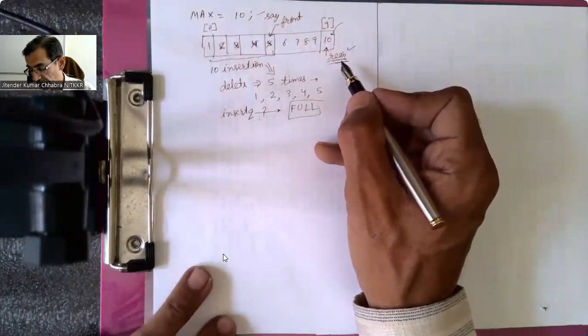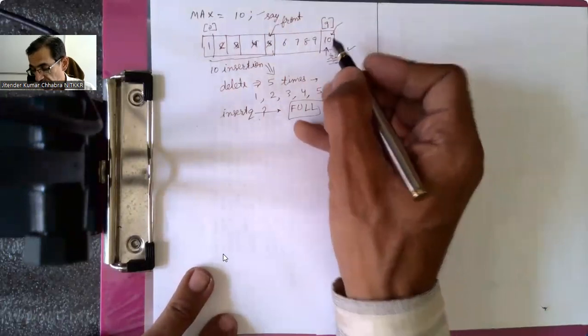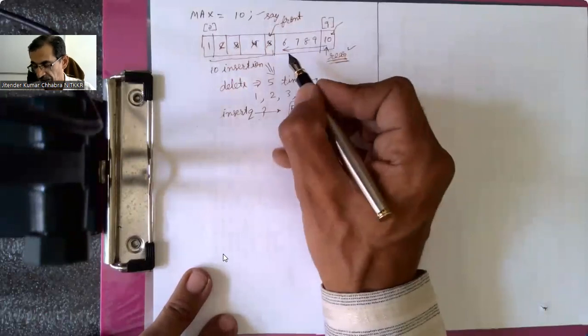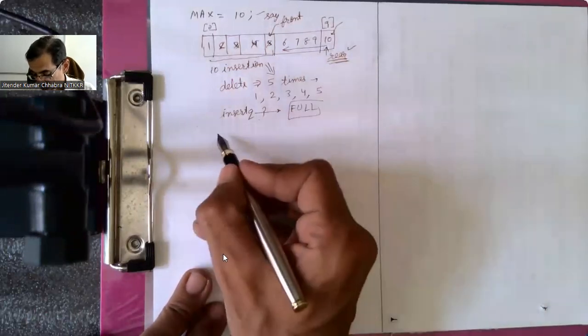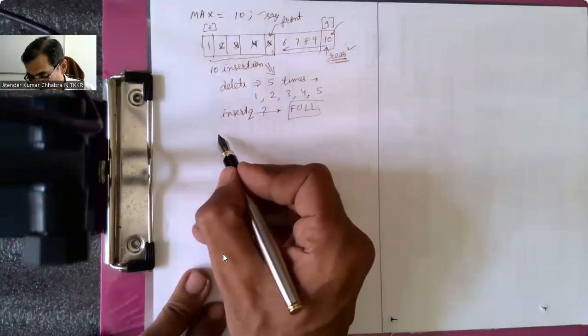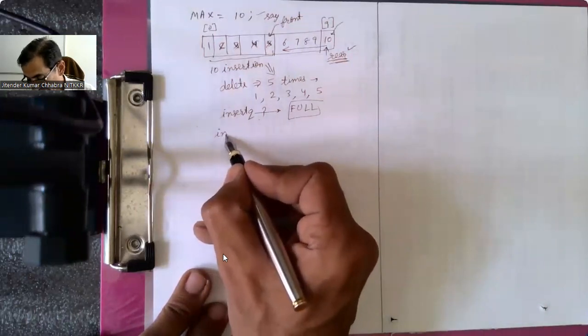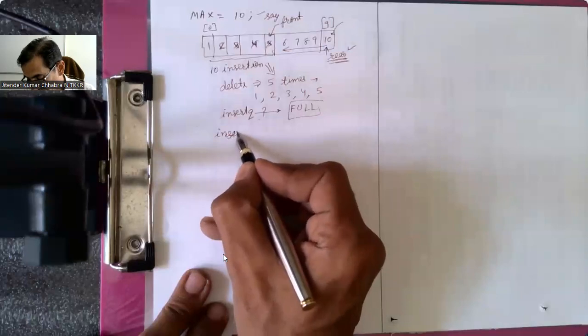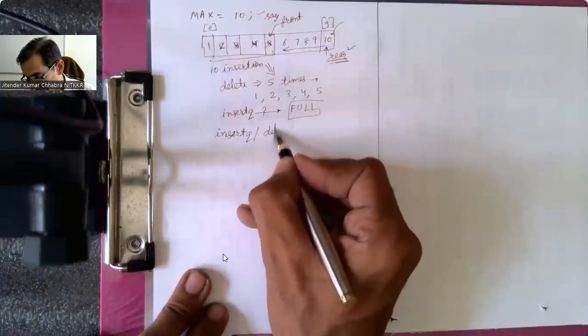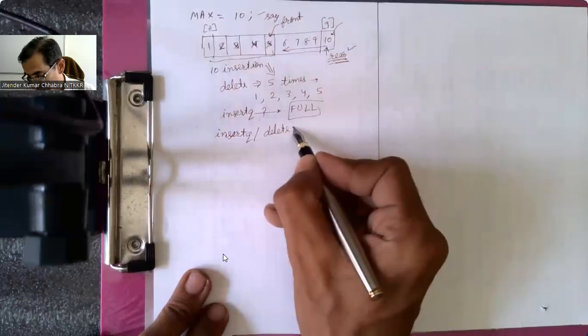Of course, you can think of a solution where I need some kind of data shifting. But shifting of data with every insertion is not to be done because my insertion or deletion operations are always said to be unit time operations.